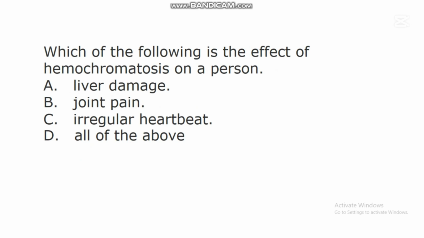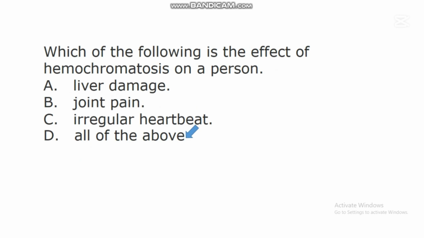The next question says, which of the following is the effect of hemochromatosis on a person? A. Liver damage. B. Joint pain. C. Irregular heartbeats. D. All of the above. In this question, the correct answer is D. All of the above.